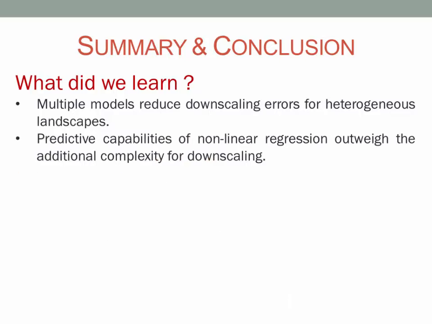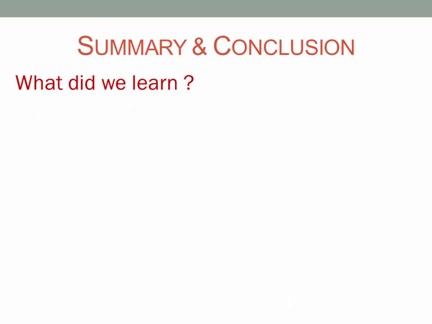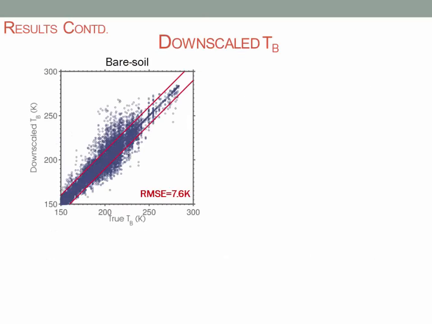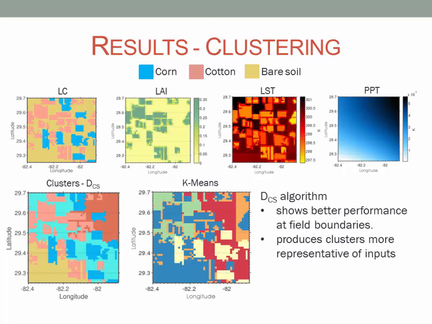So what we found out was that using traditional k-means was actually worse than using a single model. Because what happens if you use k-means is that you have really large errors at the boundaries, right? Because the boundaries are all corrupted. And another technicality that I didn't really go into much was that this is actually fuzzy clustering. So my boundary pixels actually belong to two clusters. They belong to the vegetated cluster and to the bare soil cluster.